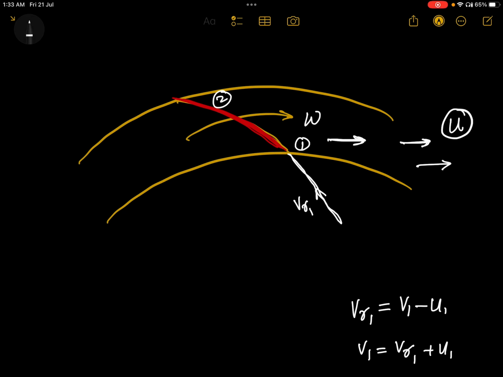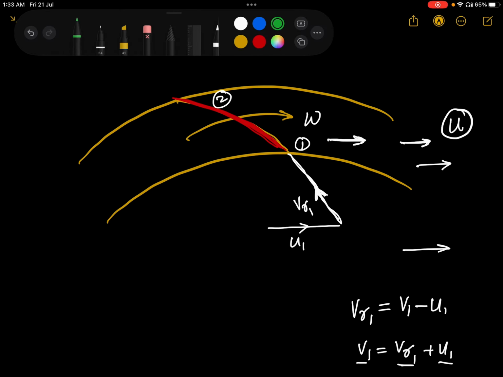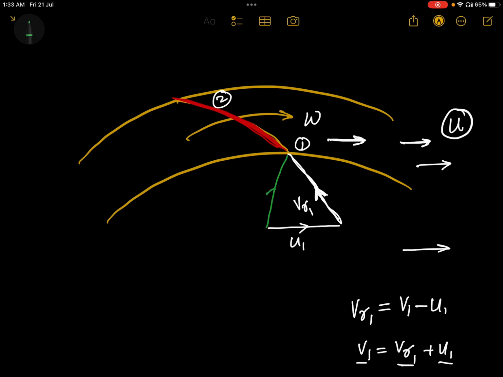U1 is moving in this direction, and U1 plus VR1 will be V1. So VR1 we can draw like this, U1 plus VR1 will give V1. This is the inlet velocity diagram.